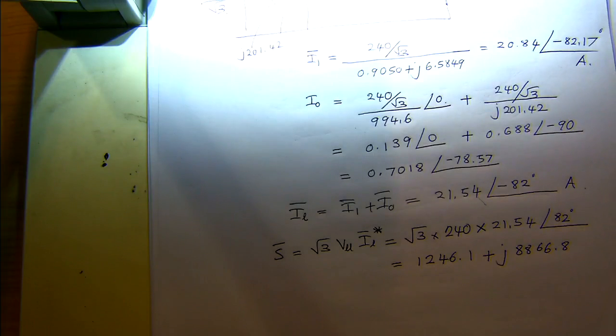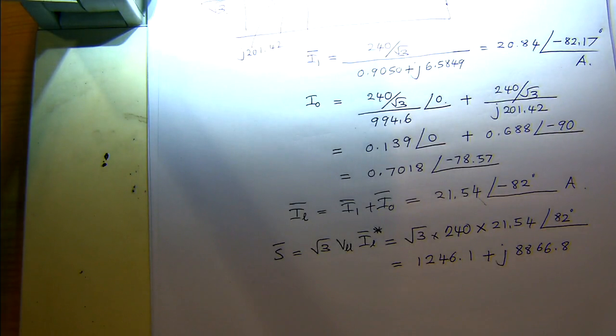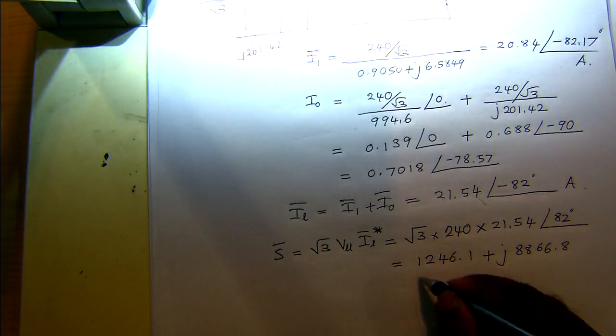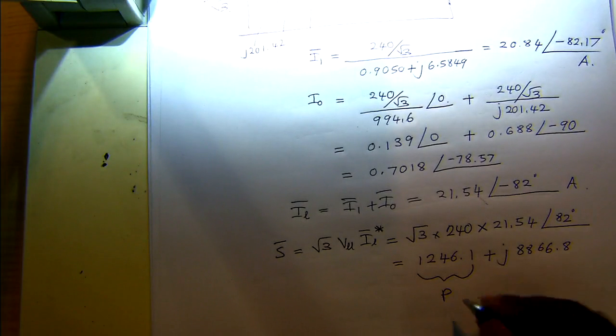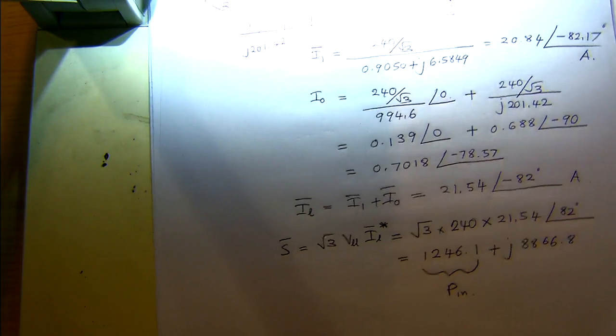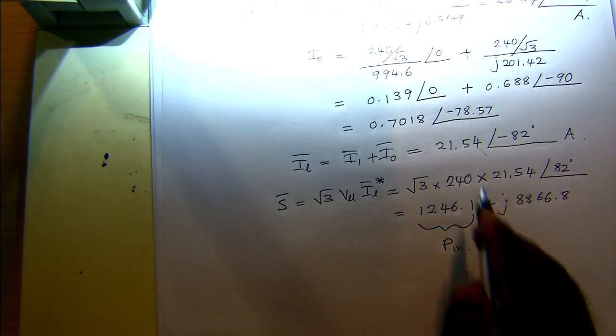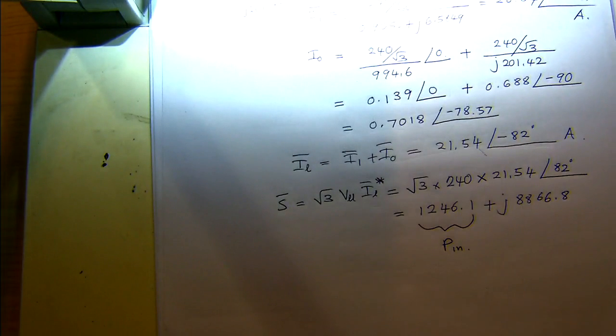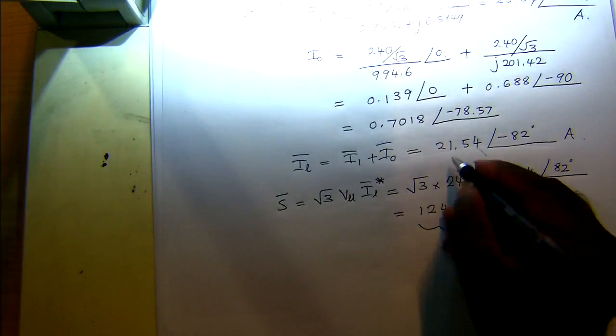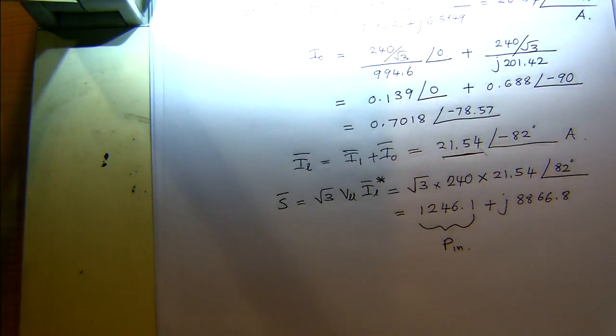And we need to find the real power and the line current. So this will be the real power measurement. And this will be the line current. This magnitude will be the line current.